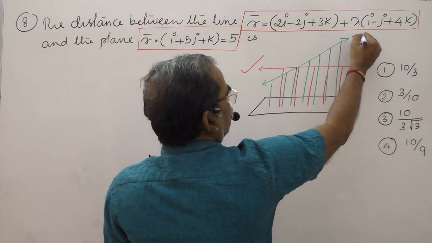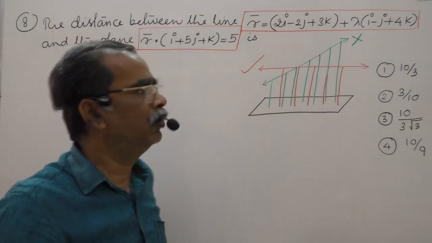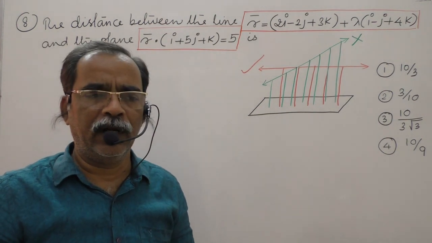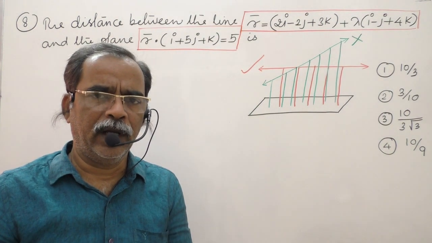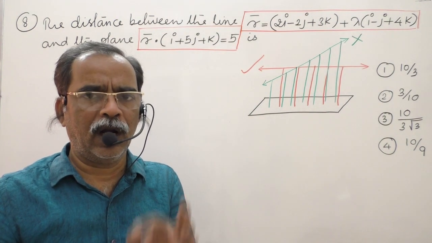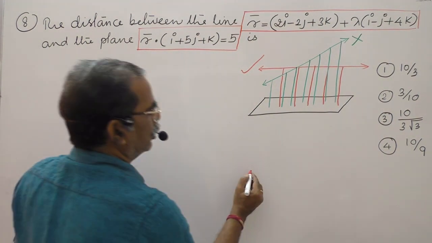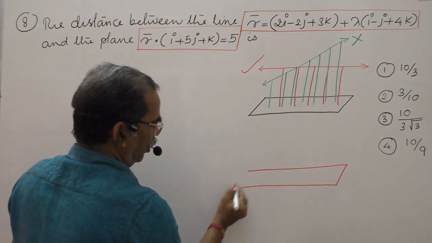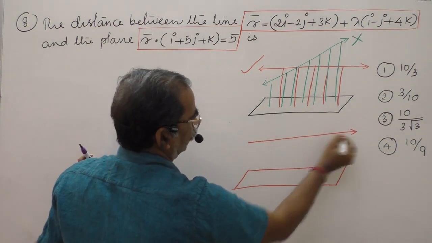So in this case, distance cannot be defined. So when a line and a plane are given, you can find the distance between line and plane only when the line is parallel to the plane. In this case only will distance be defined.